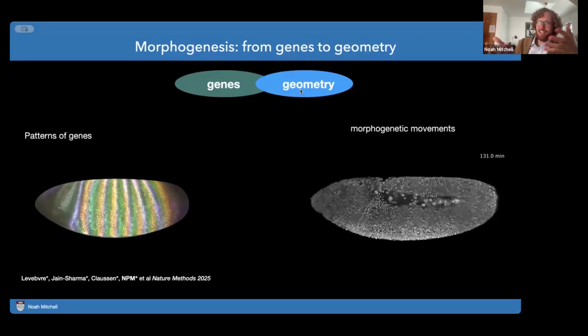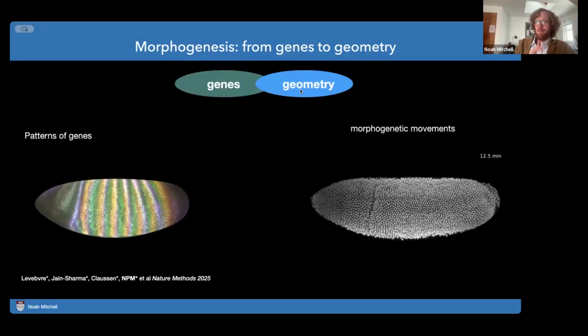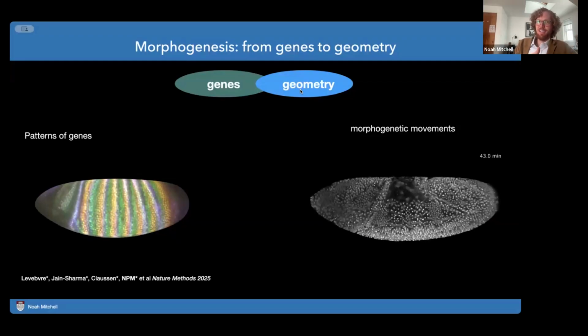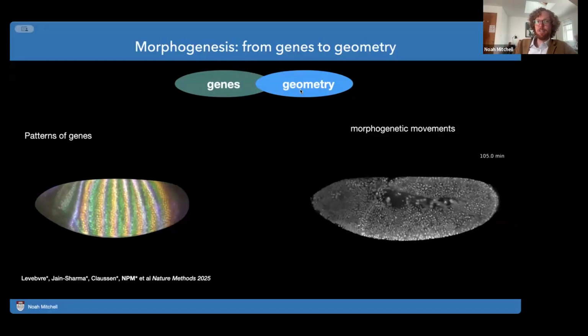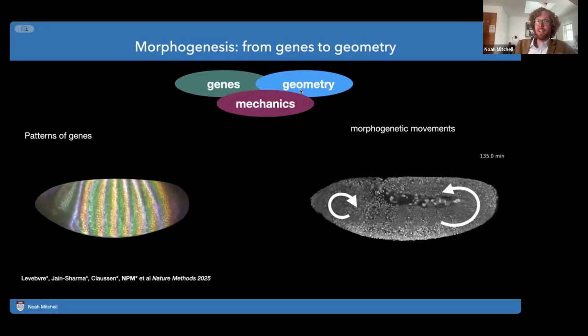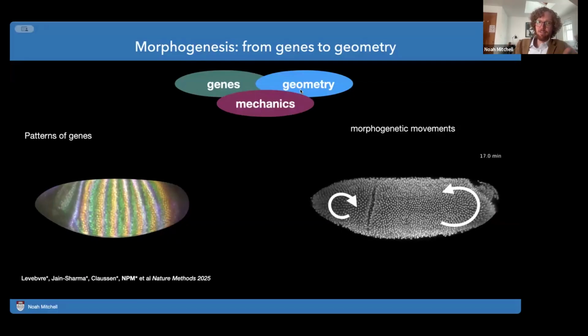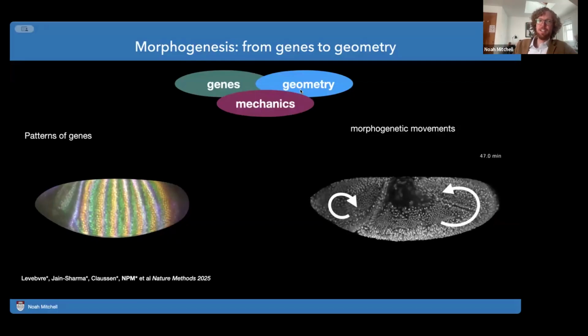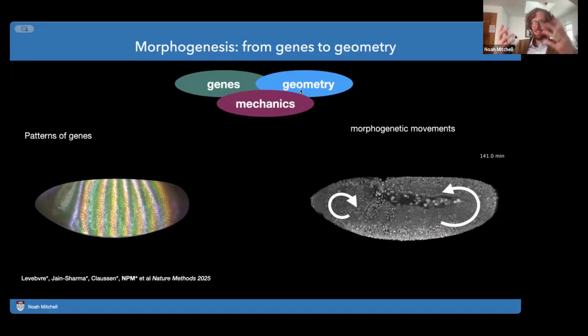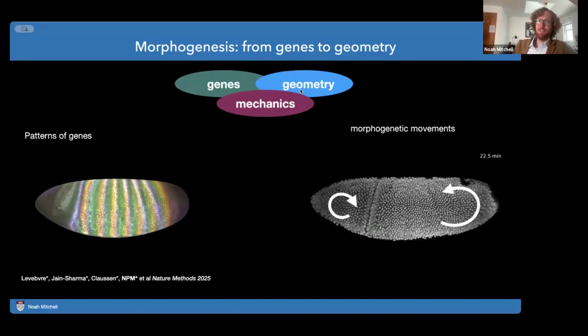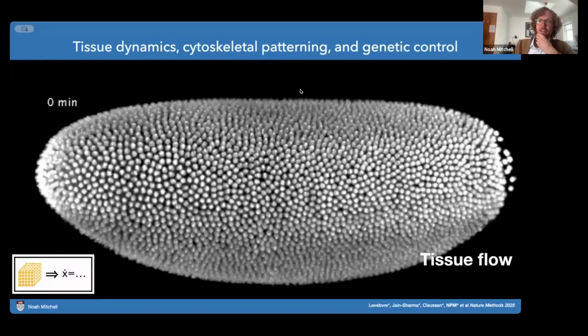And in order to bridge the gap from this sort of molecular and genetic lens to these organ scale shape transformations, we really have to understand the mechanical forces that drive the motion of these cells and these tissues. And so we're returning to this very old problem, as many are, to have a physical understanding that bridges these scales.